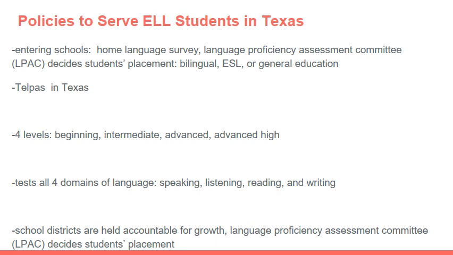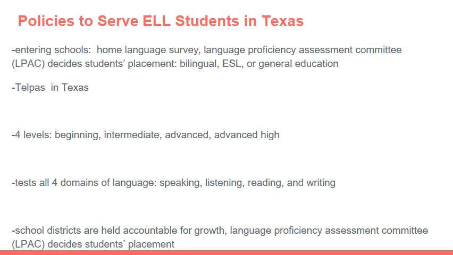If students are in bilingual or ESL programs, they'll take the TELPAS exam, which is a yearly exam to measure students' English language proficiency. The TELPAS has 4 levels: beginning, intermediate, advanced, and advanced high. Furthermore, the TELPAS discusses the 4 domains of language: listening, speaking, reading, and writing. There are separate tests for each of those domains that the TELPAS provides to students.